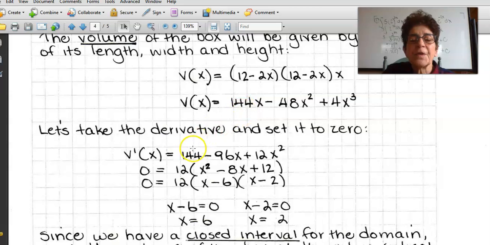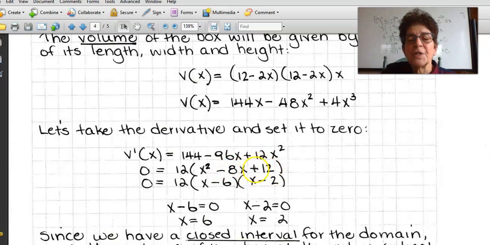So we're going to take the derivative and set it to 0. The derivative of the first term is 144. 2 times 48 is negative 96x, and drop the exponent by 1, and 4 times 3 is 12x squared. Each one of these terms is a multiple of 12, so let me divide out a 12 to make things easy. Once I divide out a 12, I notice this is probably factorable.